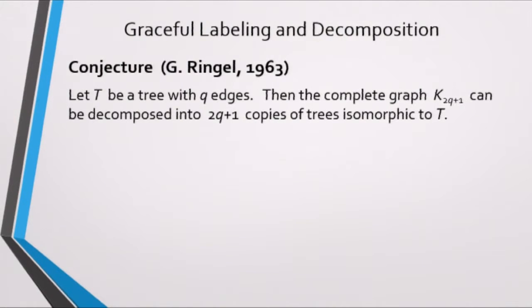Gerhard Ringel once again said, if T is a tree with Q edges, then the complete graph K sub 2Q plus 1 can be decomposed, or split, into 2Q plus 1 copies of that same tree.